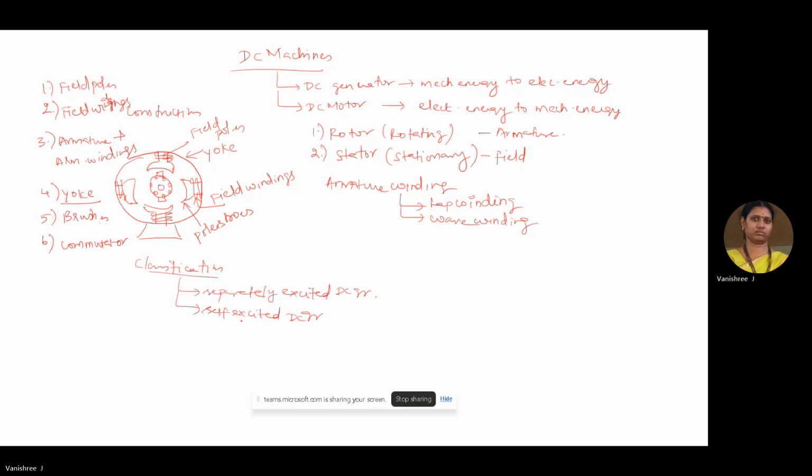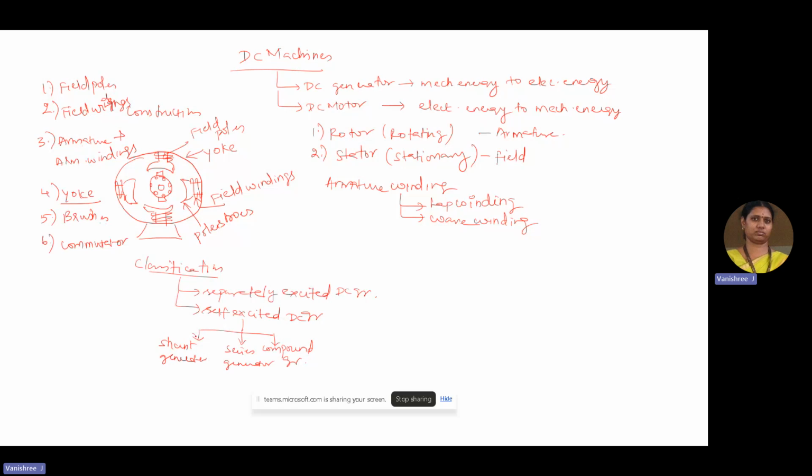Again, observing the classification under self-excited DC generator, it is further classified into three types. One is the shunt generator, another one is the series generator, and the third one is the compound generator, depending upon how the field winding is connected with respect to the armature.